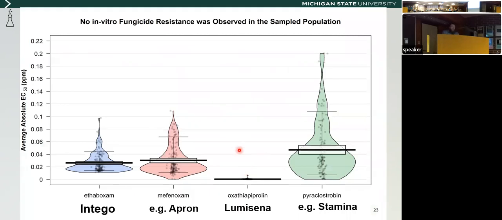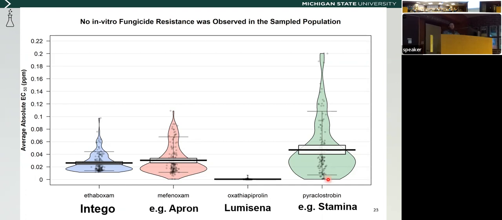So what we found, thankfully, was that there was no in vitro fungicide resistance that we could observe in the sample population. Doesn't mean that it's not out there, but as far as we could sample and identify, we weren't able to find it. So here on the x-axis, we have ethaboxam, mefenoxam, oxathiapiprolin, and pyraclostrobin. On the whole, ethaboxam and mefenoxam seemed equally efficacious against Phytophthora sojae.